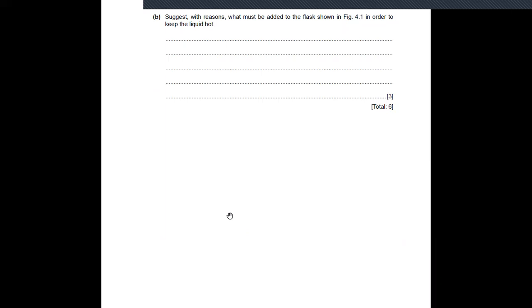If you just say add a stopper or add a lid on the top to prevent the heat loss by convection, that is good enough. But if you want to mention one more, you can also say use an insulating material around the glass flask to prevent heat loss by, for example, radiation, or to prevent heat loss by convection. All right.